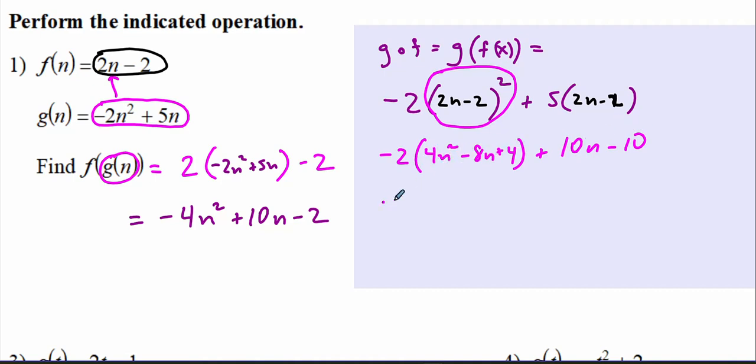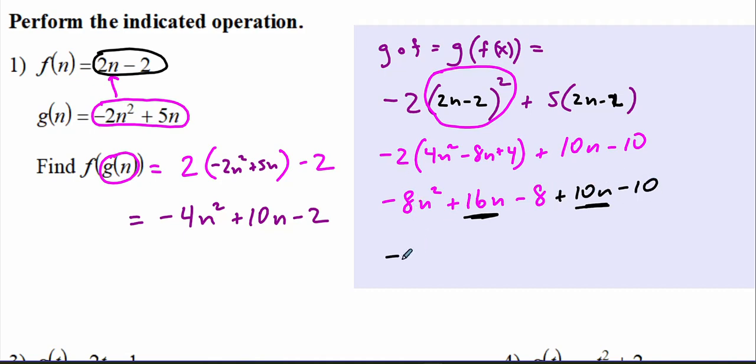Right, let me just make sure. Yeah, and when I open these parentheses, this becomes negative 8n squared plus 16n minus 8. But remember, you have the stuff behind here. I'm just going to write this out. Plus 10n minus 10. And what combines is your n's and then your whole integers without the variable.